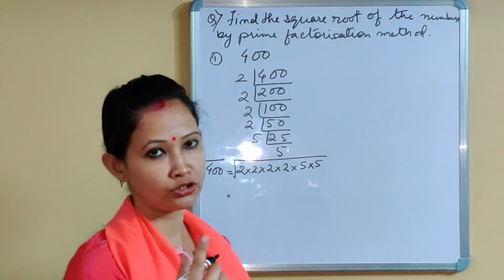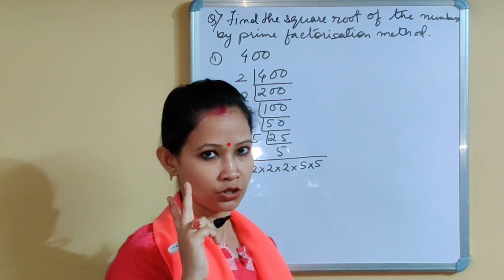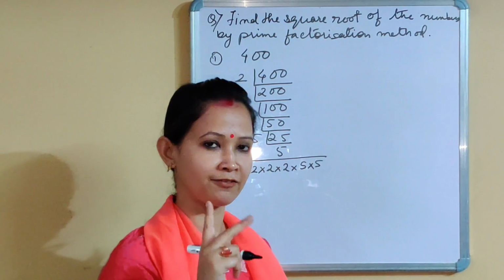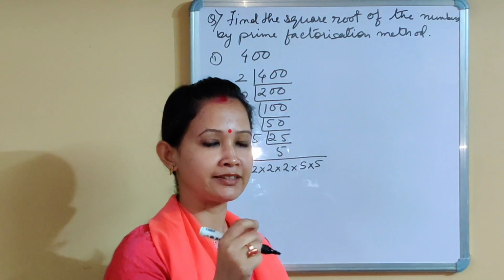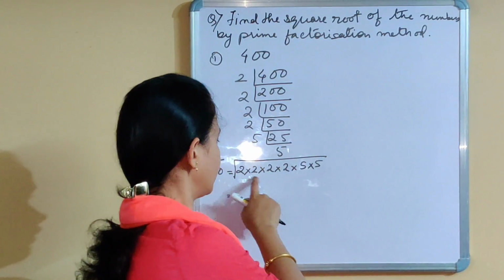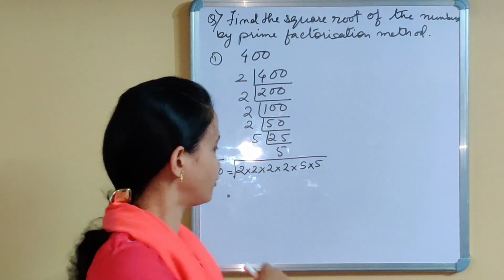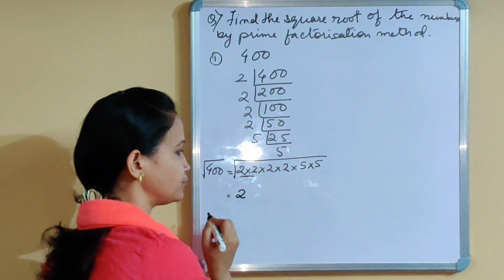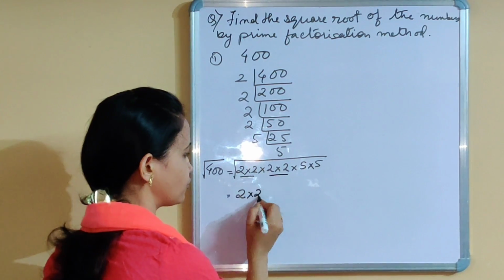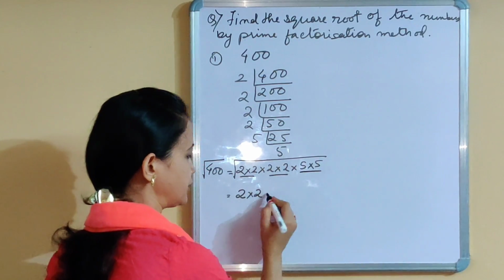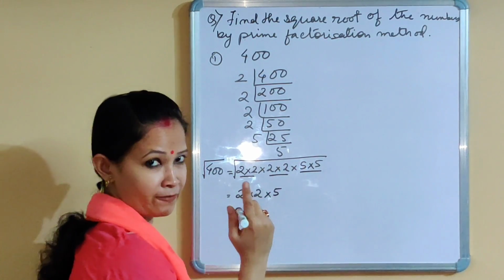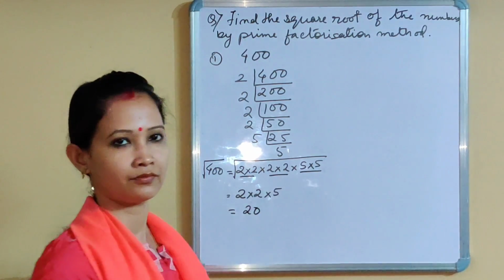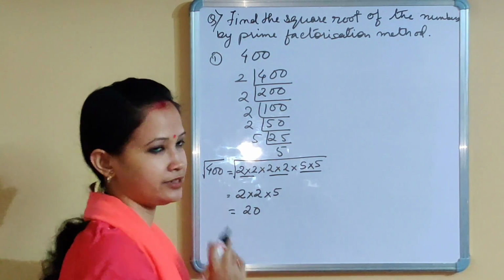I have told you that if by multiplying two numbers we get similar numbers, then the square root will be one of that pair. So from these two 2's we take one 2, from the other two 2's we take another 2, and from the double 5 we take one 5. So the answer is 20. The square root of 400 is 20.